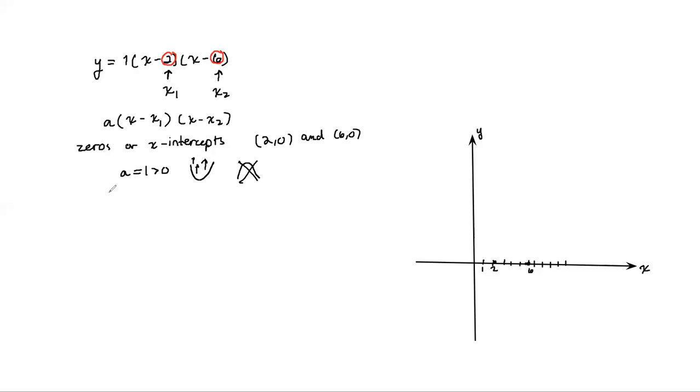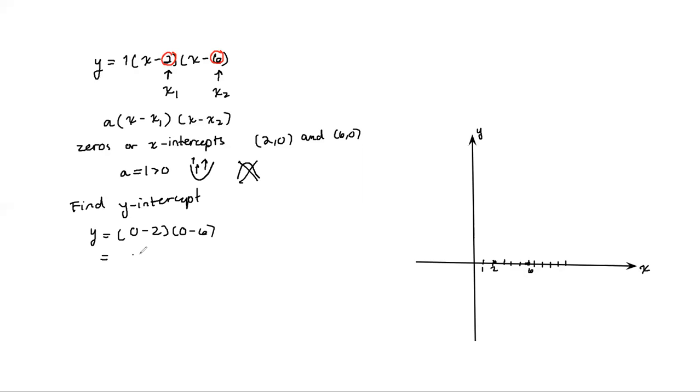Now, how else can I graph this function? Well, I could easily find the y-intercept. So the y-intercept is, what is the value of y when x is 0? So I have y, here x is 0, so 0 minus 2 times 0 minus 6.